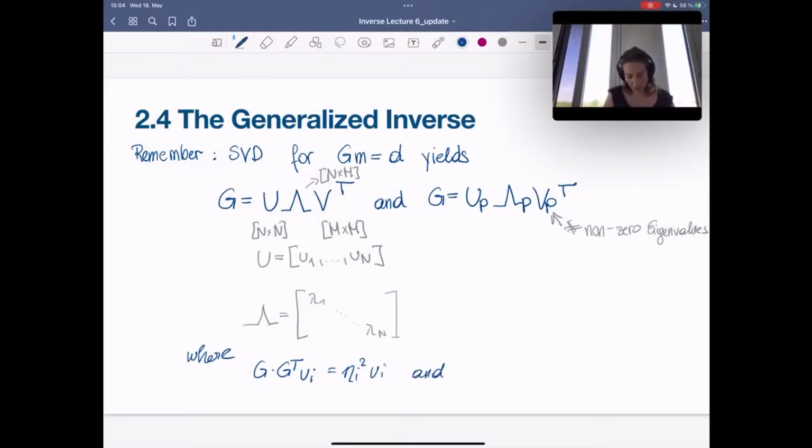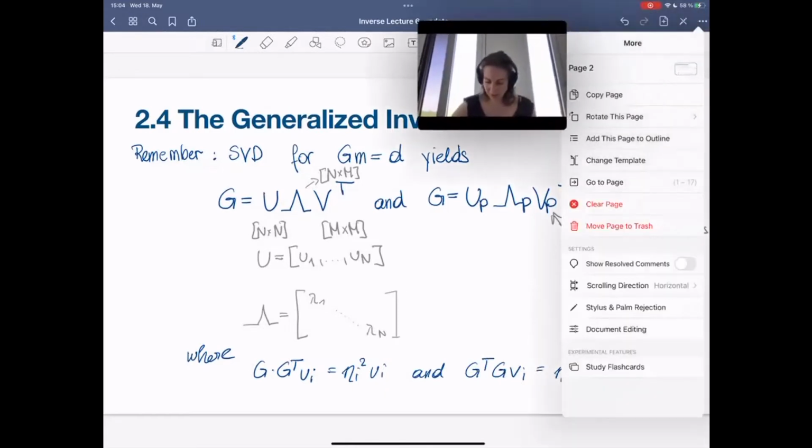And also similar for V, we have G transpose G v_i equals the eigenvalue times v_i.